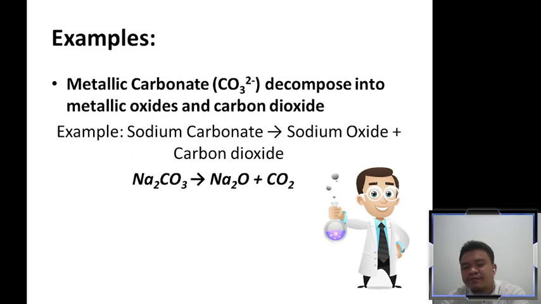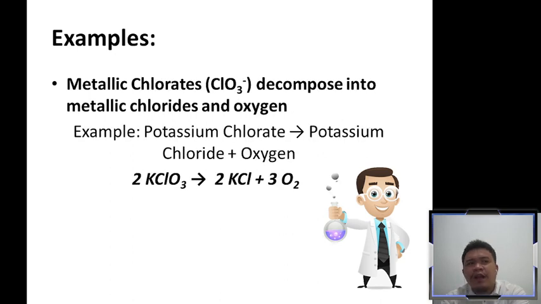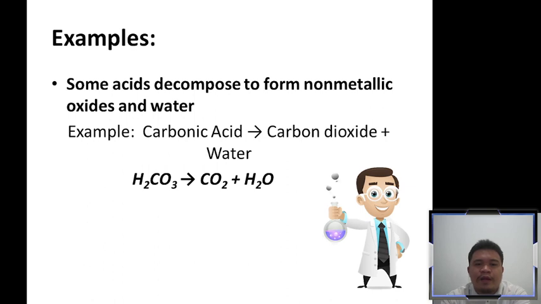Now, metallic chlorates, or compounds with a chlorate ion, ClO3, decompose into metallic chlorides and oxygen. For example, potassium chlorate decomposes into potassium chloride plus oxygen. And another example, some acids decompose to form non-metallic oxides and water.